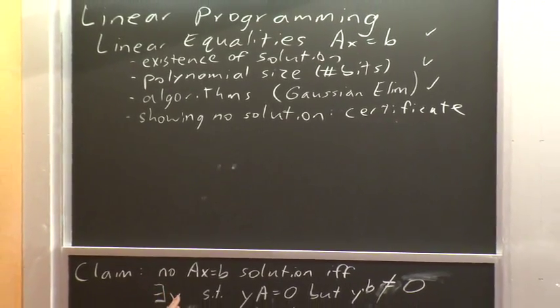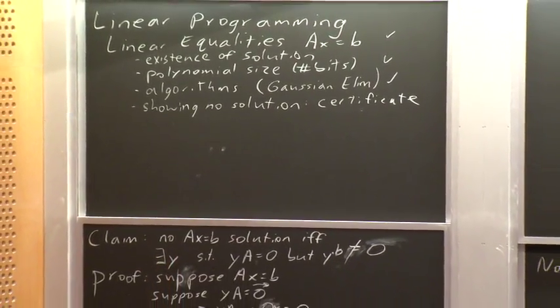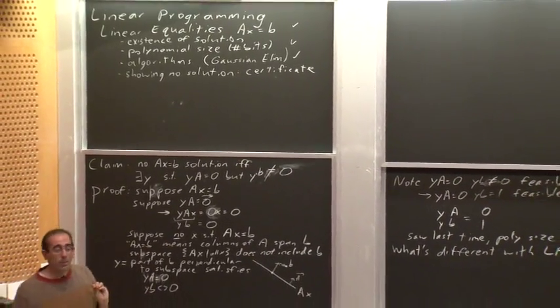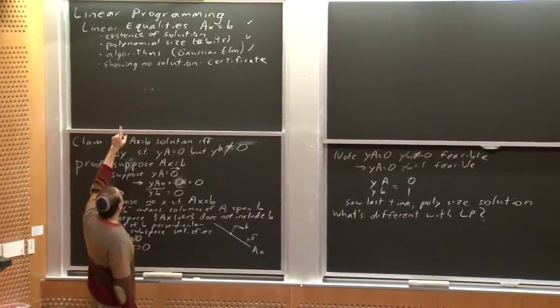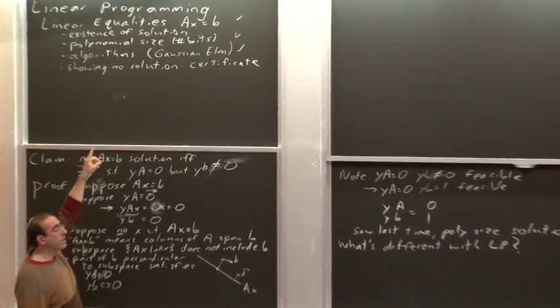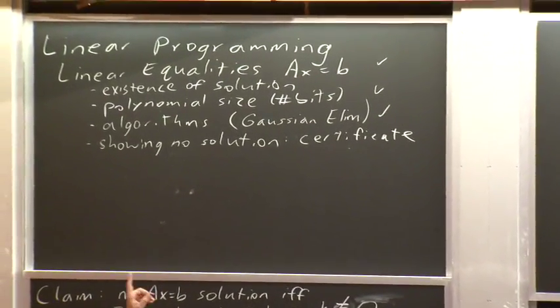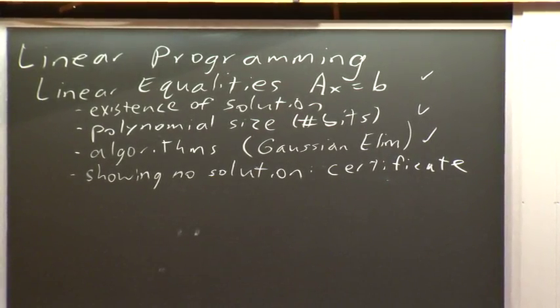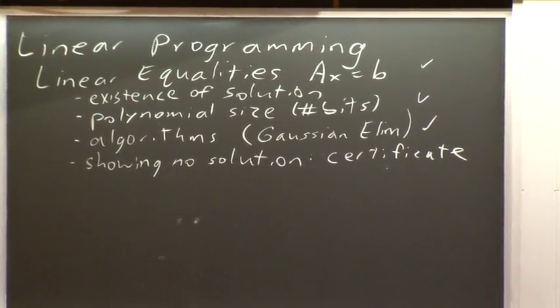Unfortunately, that makes everything much more complicated. And in fact, I don't think we're going to see any algorithms today, because just looking at this very first question of characterizing the solutions and arguing that they have polynomial size is going to take up most of this lecture. Okay?